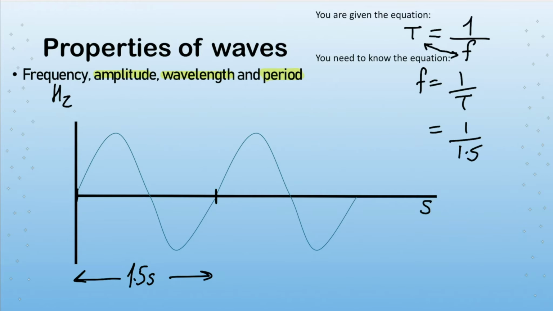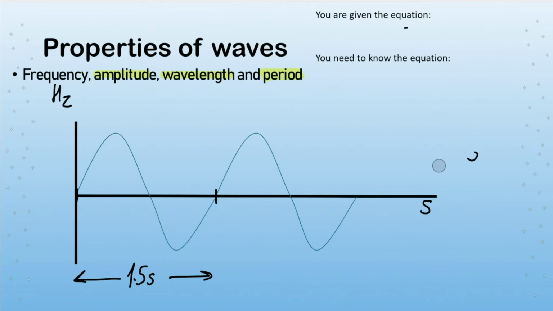The other equation that we need to know that fits with this is one that we actually need to be able to recall, one that ties together wavelength, frequency, and something called wave speed, which you'll go on to have to be able to work out. And that's where we have wave speed as v equals f times lambda, which is the symbol for wavelength, which is usually measured in meters.